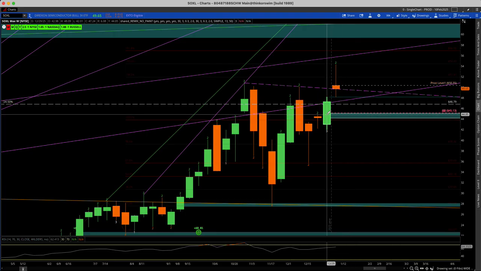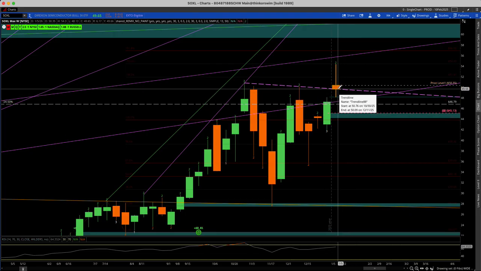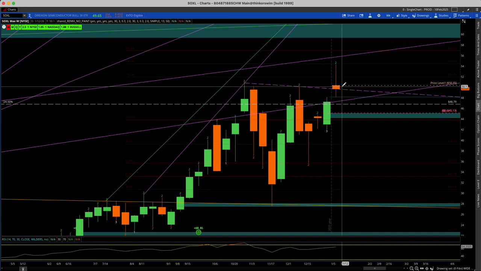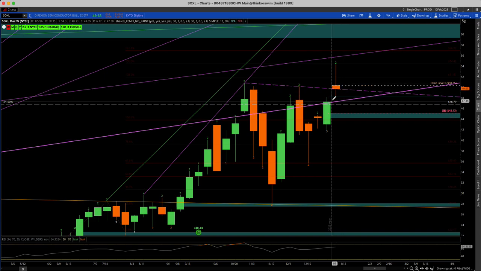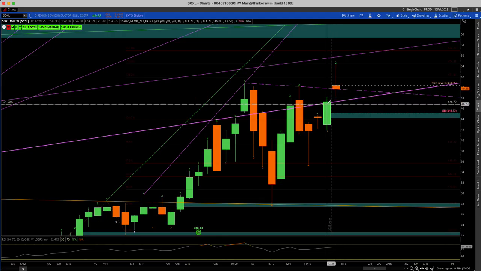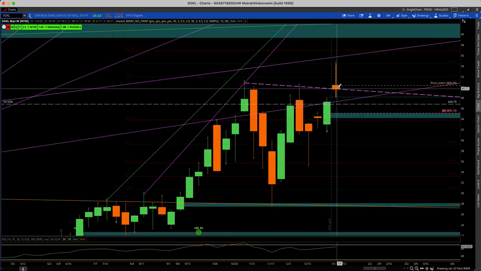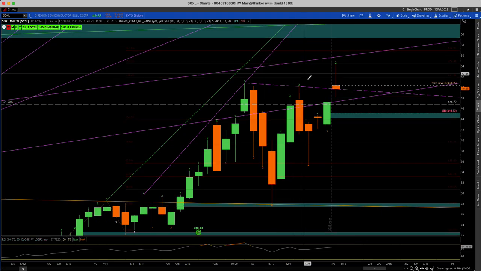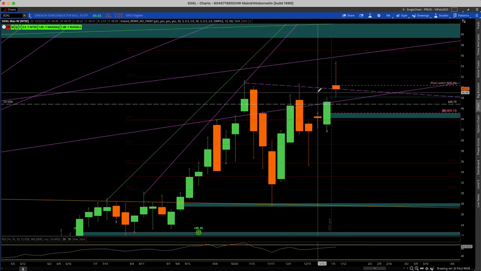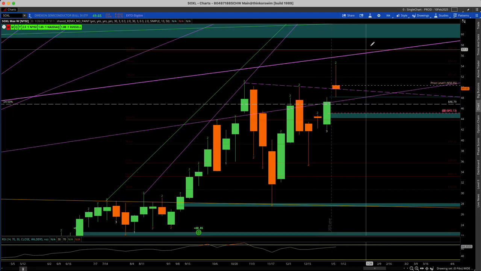Because there is a possibility that we just go 3, failed 2 up, and in the strat world, what we call a Momo shooter, with shooter just being an inverted hammer, Momo meaning momentum, we could just have a Momo shooter, right, where we go 3, 2 up, 2 up, and we just continue going up. But we'll see next week. But how tomorrow's price goes will be a big factor for us.